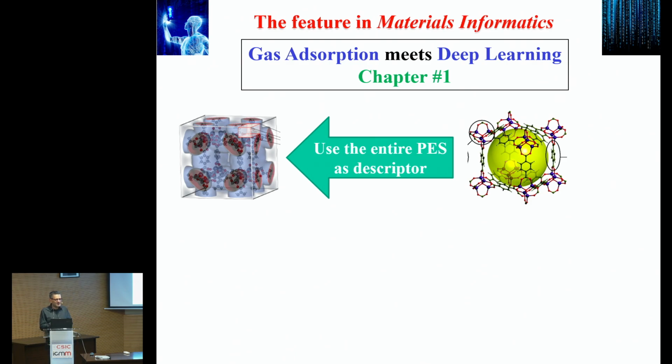The potential energy surface is actually a 3-dimensional object that combines the classical world and the quantum world, because you have the structure there, but you also have the interactions in all the space from the gas to the material. The problem is that we are talking about a descriptor that is a 3-dimensional object. It's a 3-dimensional picture. How can we work with this?